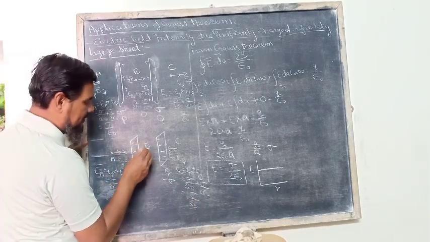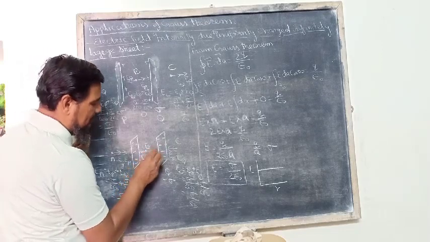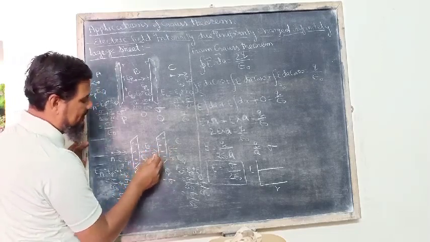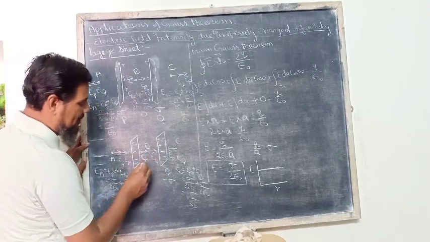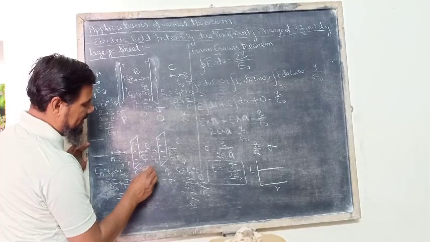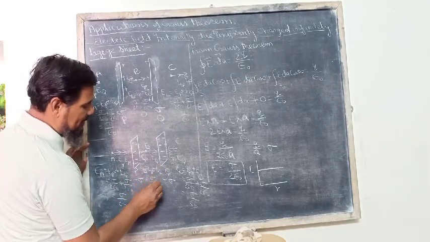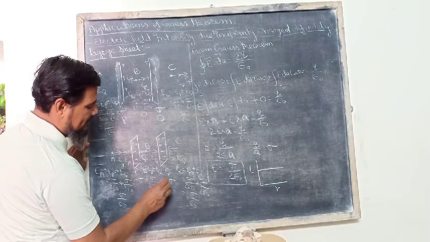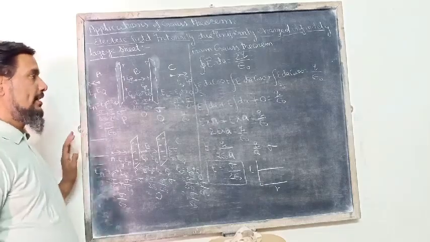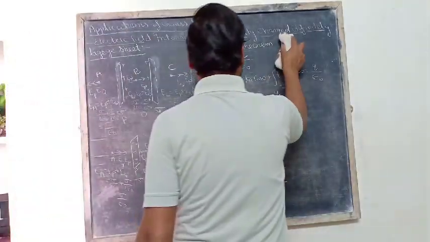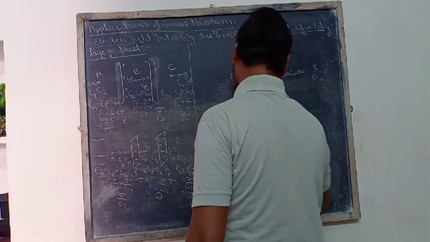Between the plates, the electric field intensity EP will be towards plate P, and the electric field intensity EQ will be towards plate Q. Both are equal in magnitude, opposite in direction. So at point B, EP minus EQ means again sigma upon 2 epsilon naught minus sigma upon 2 epsilon naught is equal to 0.